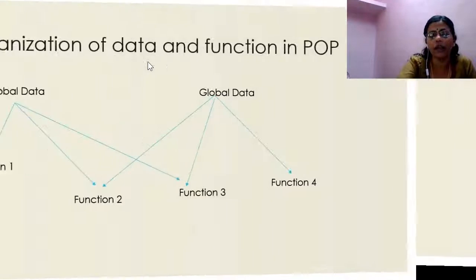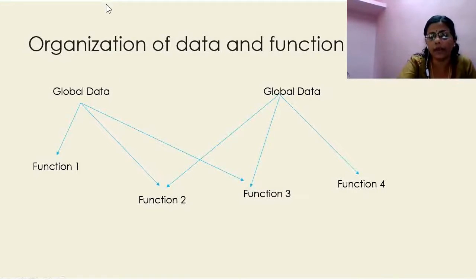Clear? And what happens in a POP? POP means procedure-oriented programming, organization of data and function. So this is global data. Maybe these are global data. These data are used by function 1, function 2, function 3, right? This global data is also shared by function 2, function 3, function 4.